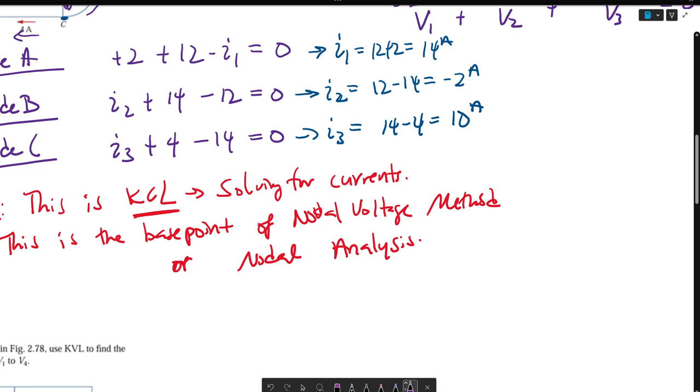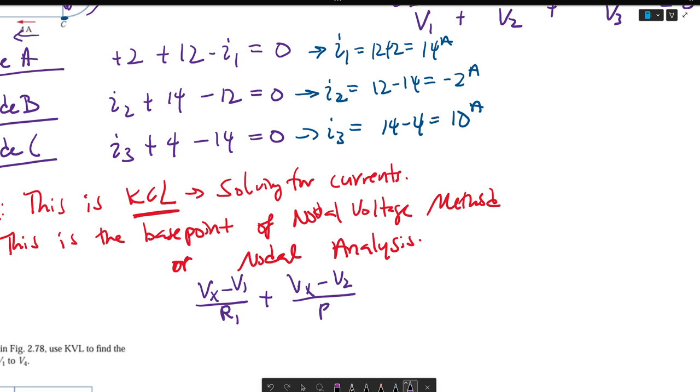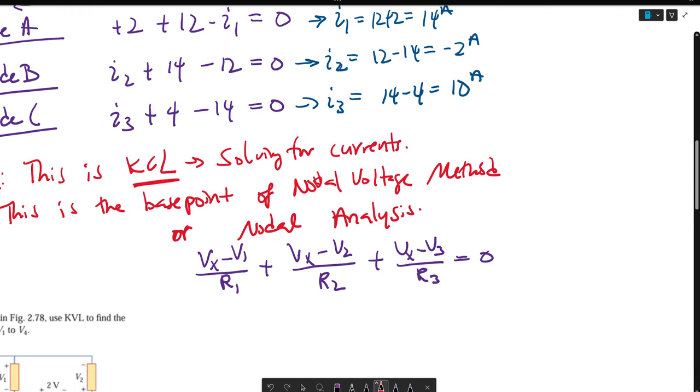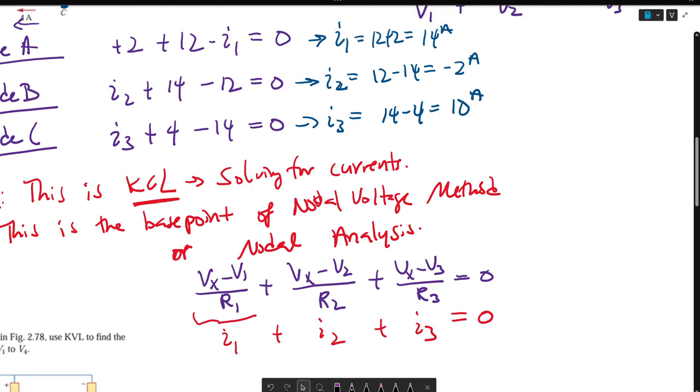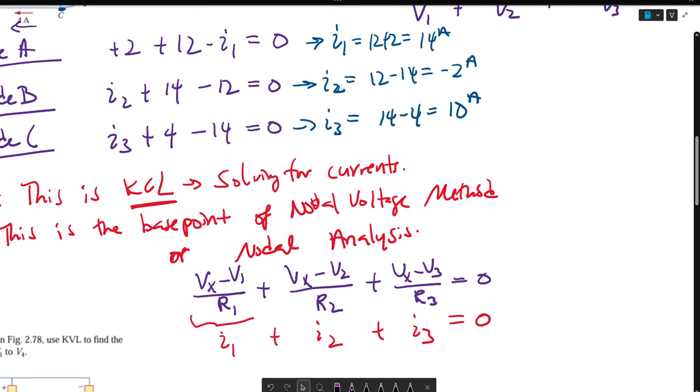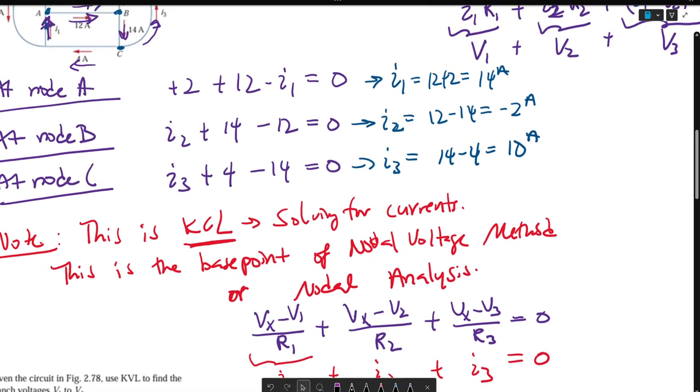And if you watched lecture 7, you would realize that we used to write equations such as Vx minus V1 over R1, where we're trying to solve for Vx, plus Vx minus V2 over R2, plus Vx minus V3 over R3 is equal to 0, where these are currents. This could be I1 plus I2 plus I3 is equal to 0. So I hope this makes sense in terms of KCL and KVL.